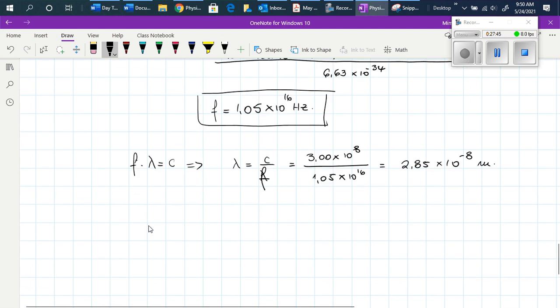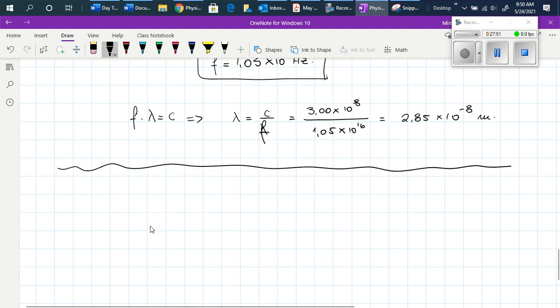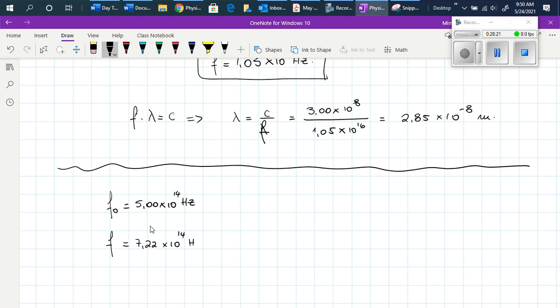Okay. If a metal surface has a threshold frequency of, let's say, 5.0 times 10 to the power of 14 hertz, what is the kinetic energy of the escaping photoelectrons when light with a frequency of, let's say, 7.22 times 10 to the power of 14 hertz strikes the surface?